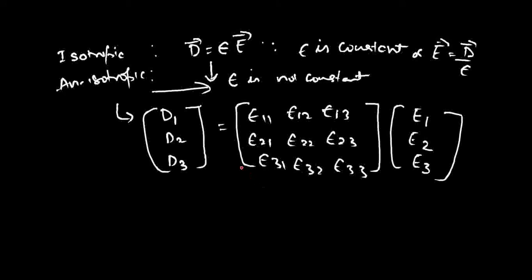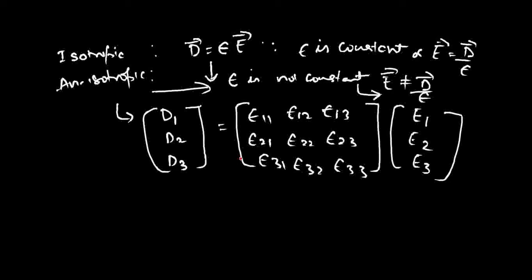Right? So in the examination sometimes you are given a matrix of epsilon, and then the components of E bar, E1, E2, E3, and you may be asked to find D bar, which is D1 x cap plus D2 y cap plus D3 z cap. And if it says it is an anisotropic material, please use this relation and don't play with epsilon. You cannot write E is equal to D by epsilon for an anisotropic material. Very important 1 mark question, frequently asked in IES and other PSU exams.